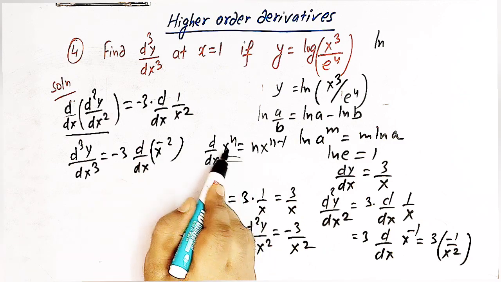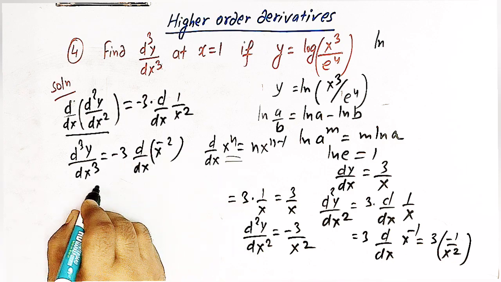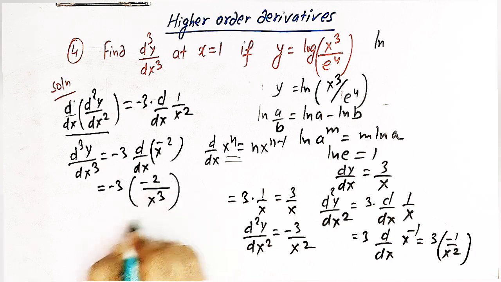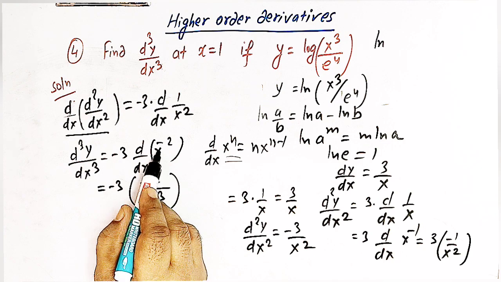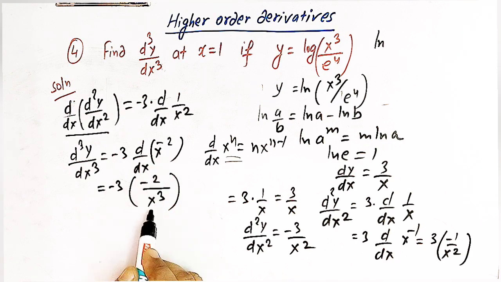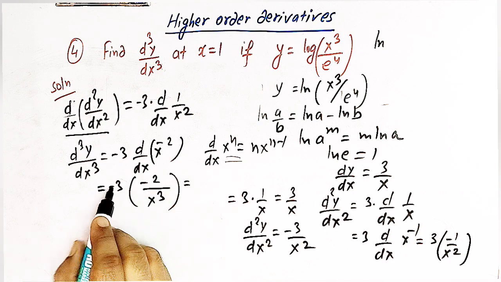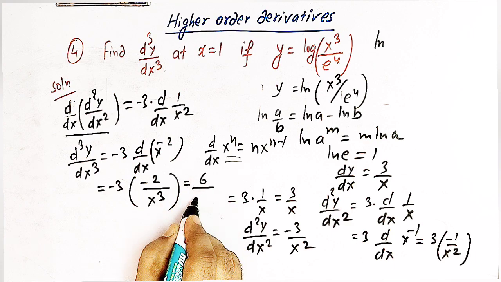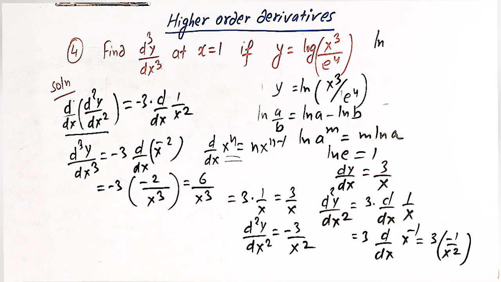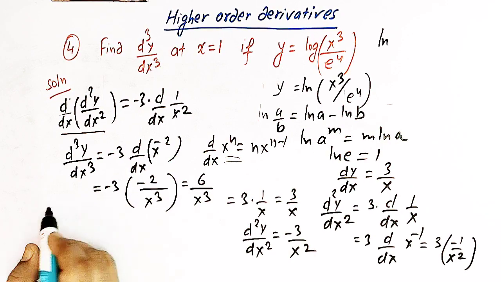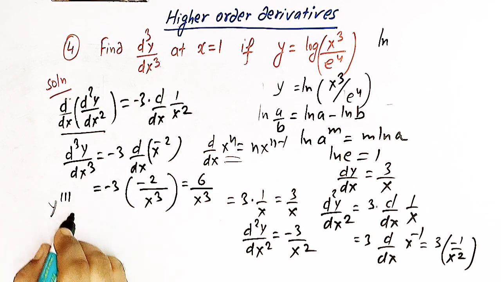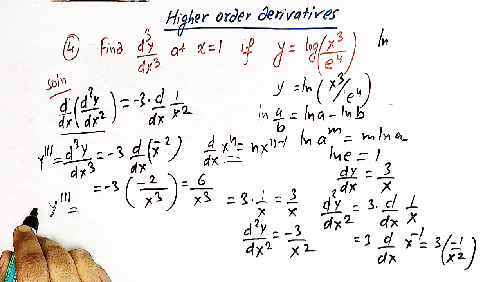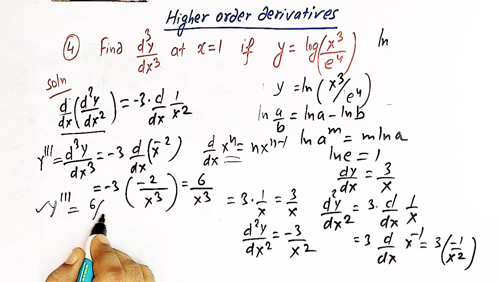Again using the power rule, we have minus 3 and minus 2 over x cube. The derivative of x raised to minus 2 is minus 2 over x cube. Multiplying both quantities, minus times minus is plus, so we have 6 over x cube. So the third derivative is given by y triple prime. This notation may also be used for the third derivative. So we have 6 over x cube.